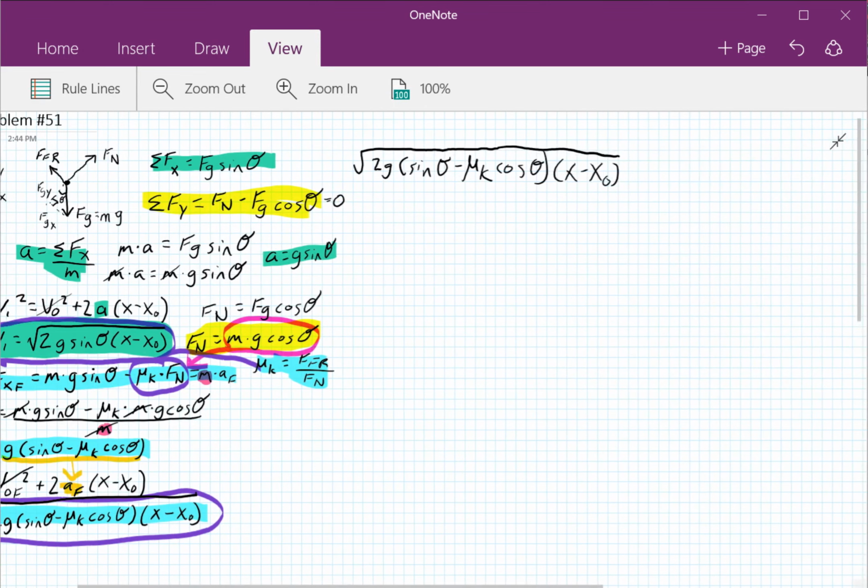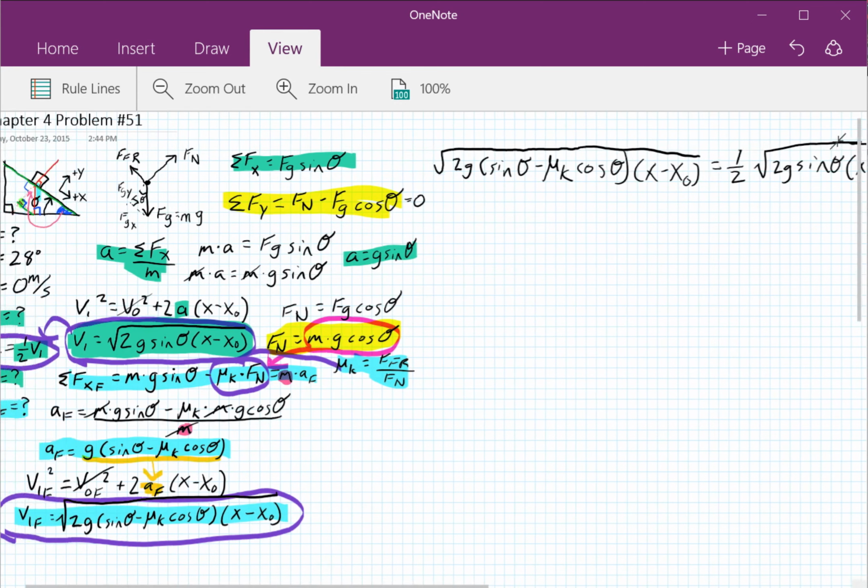Then that's going to equal 1/2 the square root of 2g sine theta, and then the change in position. Okay, so that's the combination of those equations.